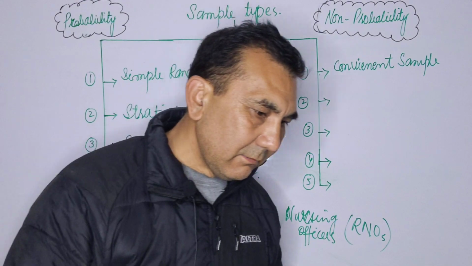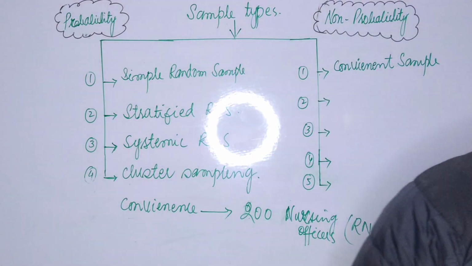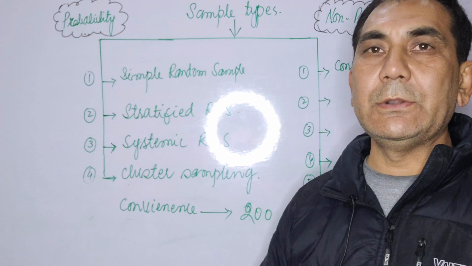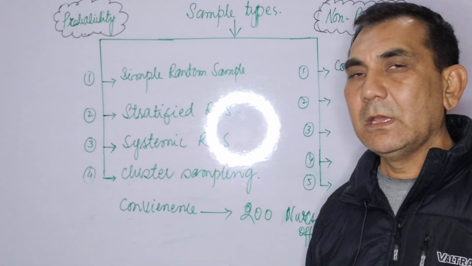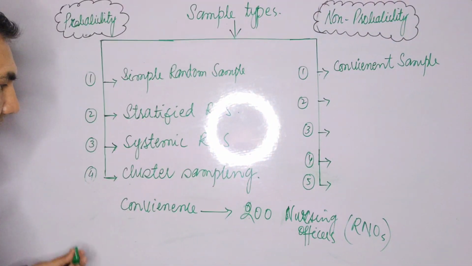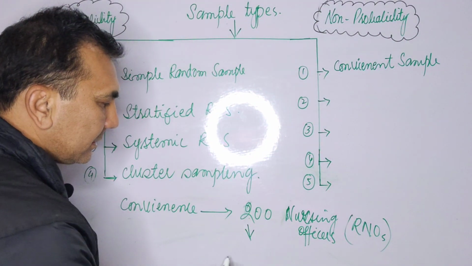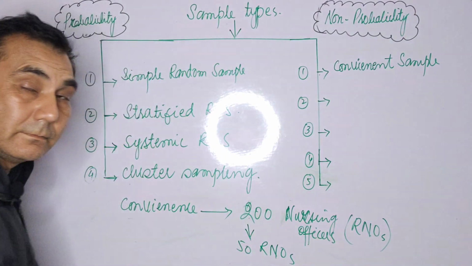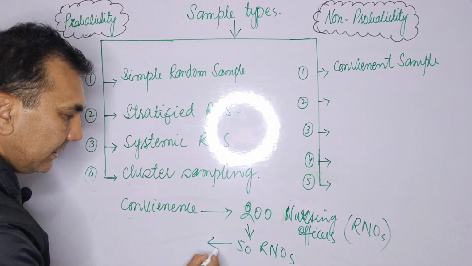Now when you start the sampling, the researcher enters the hospital and reaches the OPD, where he comes across 50 RNOs. What does he do?